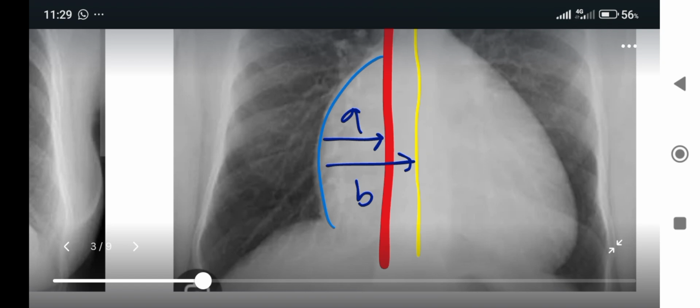The blue line there is the convexity we talked about of the right heart border. Then the A is the distance from that convex to the lateral border of the right border of the vertebrae. It should be more than 3 cm for us to say that this heart is enlarged.